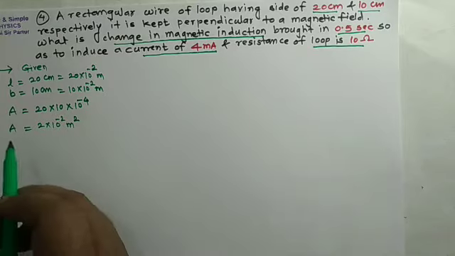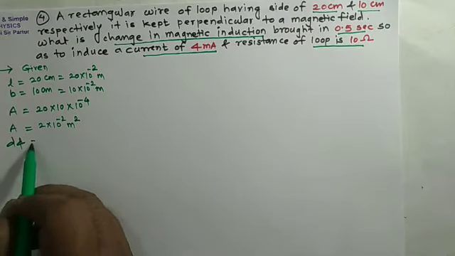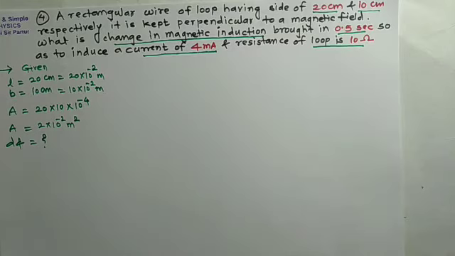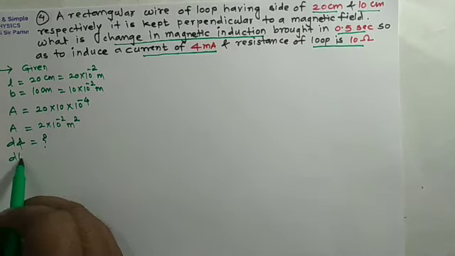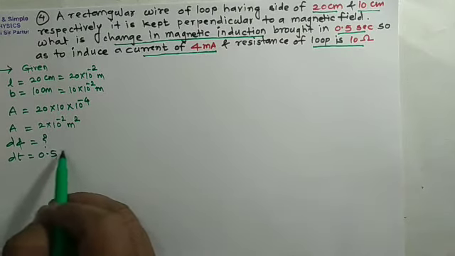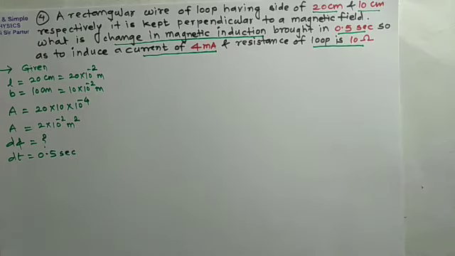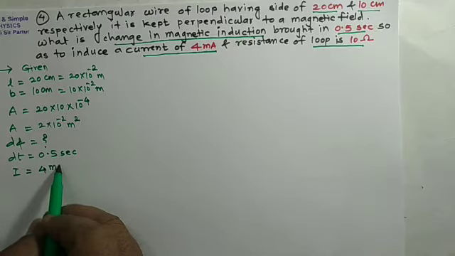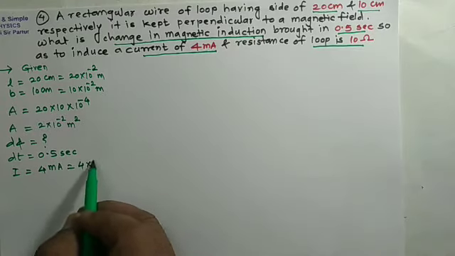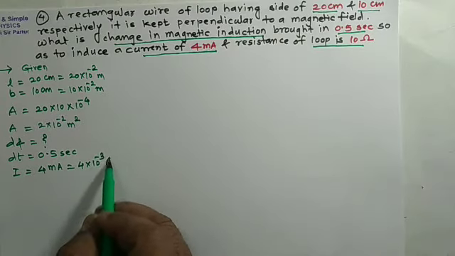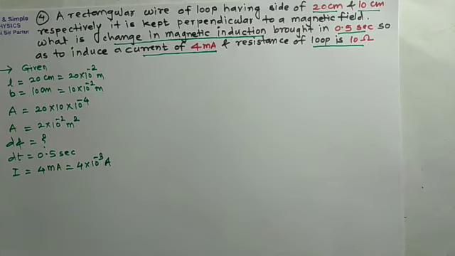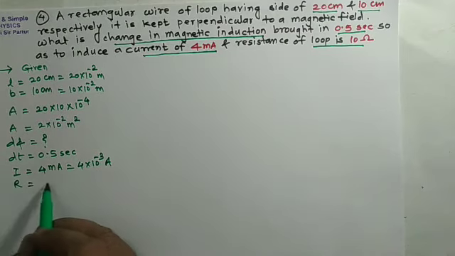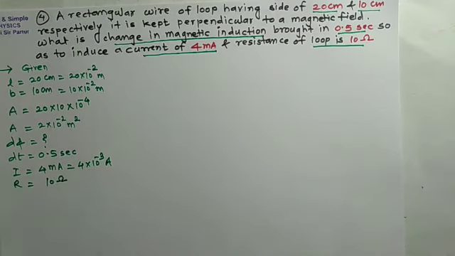We can find out the change in magnetic flux d phi. Time is given, it will be 0.5 second, and current I is given as 4 milliampere, which is written as 4 into 10 raised to minus 3 ampere, and R is given as 10 ohm.